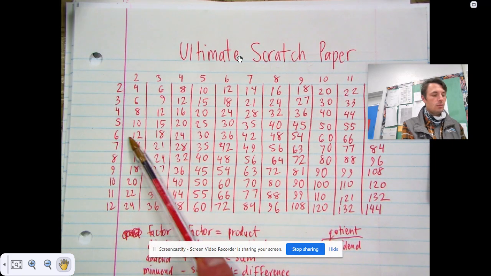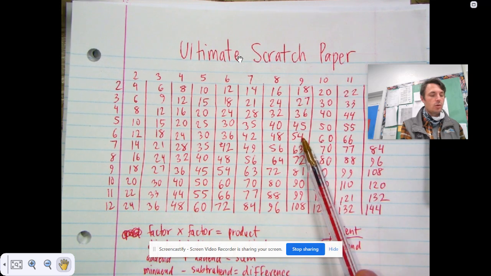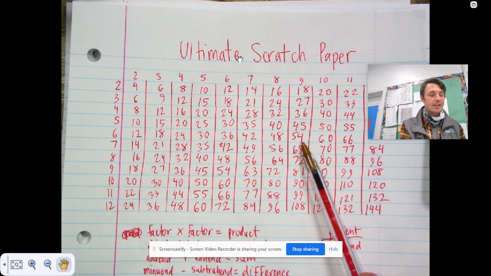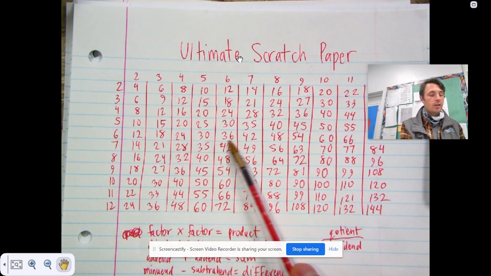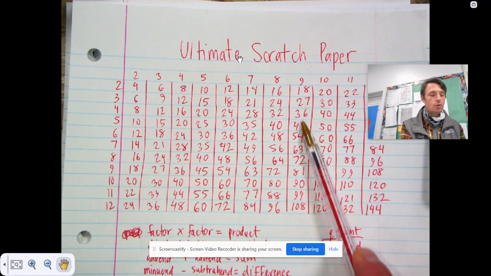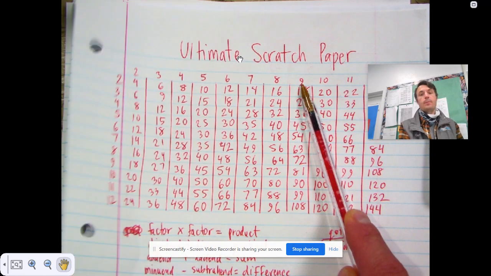So we're at 6. We keep going, keep going. Look, 6 times 9 is 54. 6 times 10 is 60. That's too big. So it's 6 times 9. You start at 6 and keep going until you get as close to 57 as you can without going over. That's 54. And then you go up. That's how many times 6 can fit into 57.